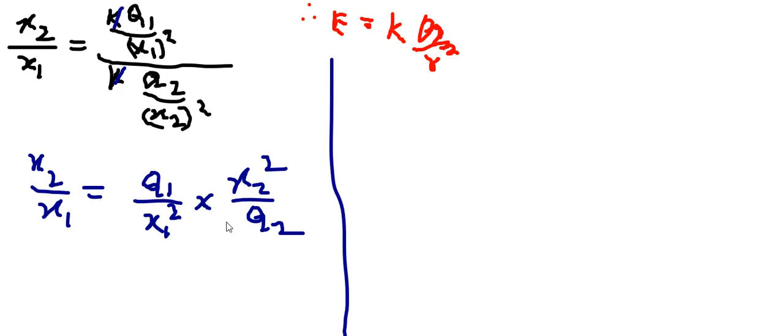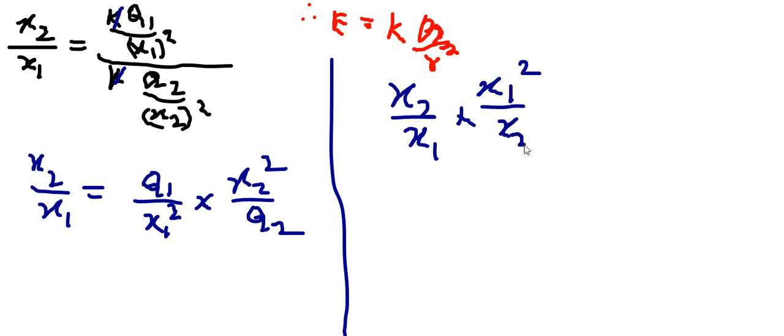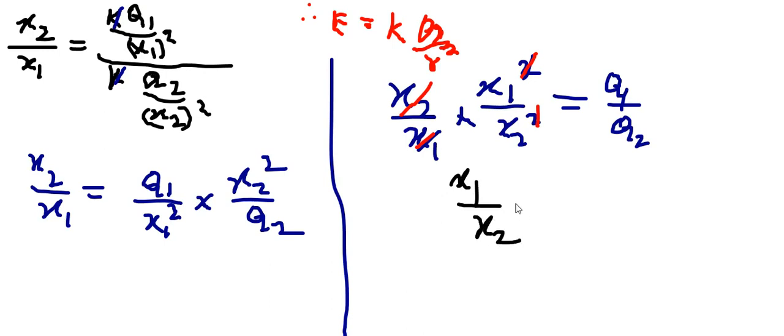This x2 square goes to the left hand side: x2 by x1 times x1 square by x2 square is equal to Q1 by Q2. So the x1 and square cancel, and the final value we get is x1 by x2 is equal to Q1 by Q2.